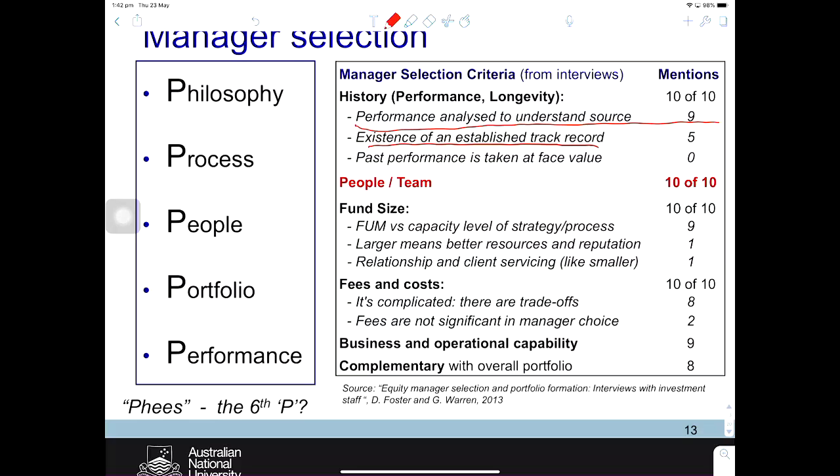And then the fund size, the capacity level of the strategy process. So that's a very important consideration when you try to invest in an active product. For most investment processes or investment philosophies, the ability to generate alpha is limited, especially by an upper limit.